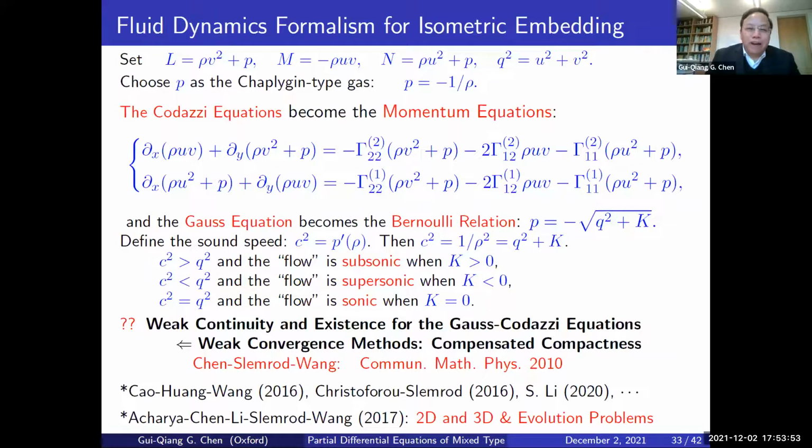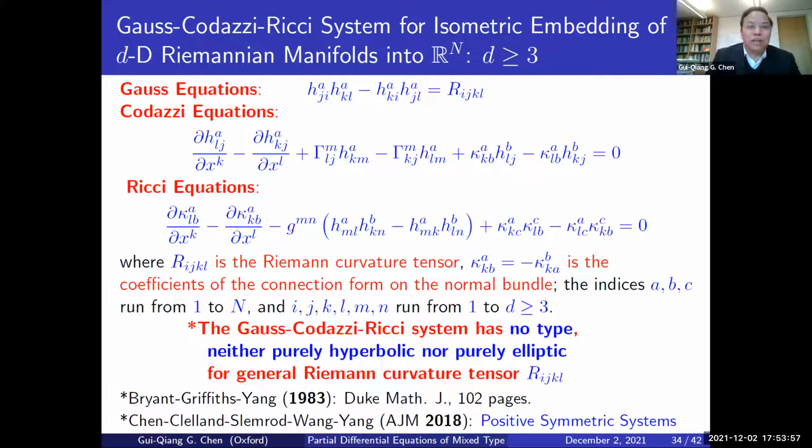Now this is a two-dimensional manifold in three-dimensional R3. What about high dimension? In high dimension, the PDE will be the Gauss-Codazzi-Ricci equations and systems.